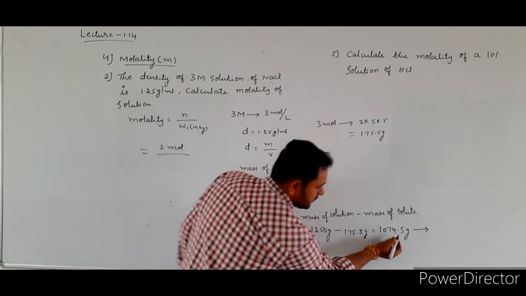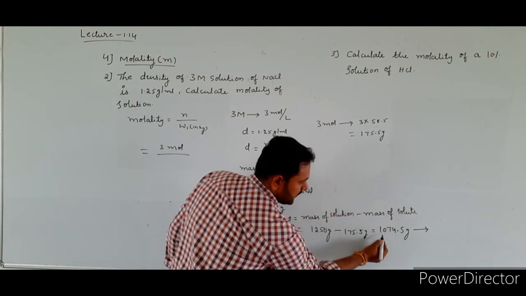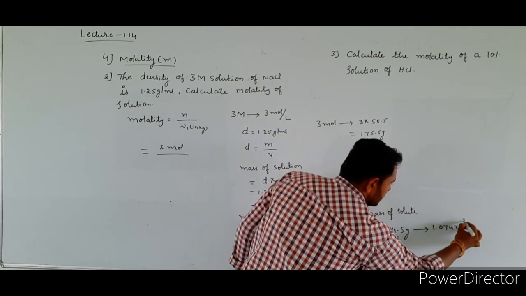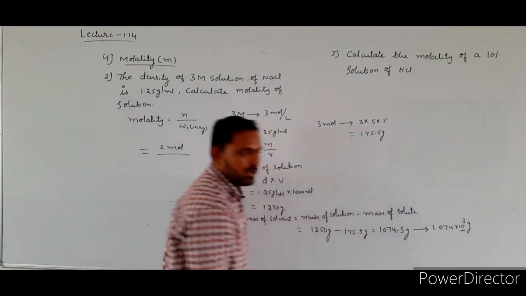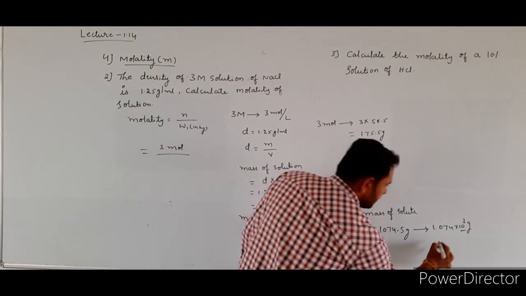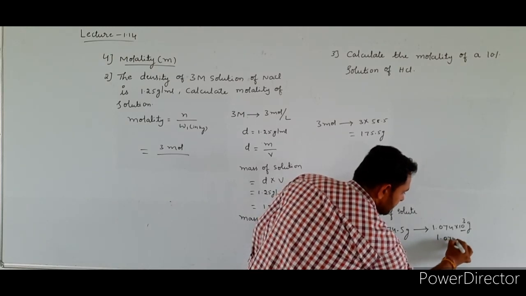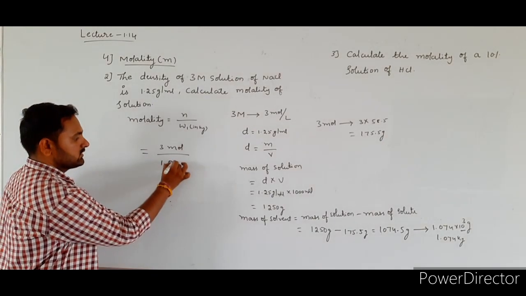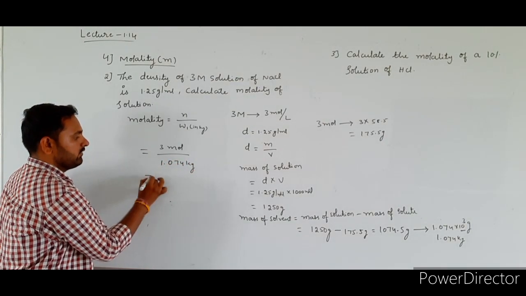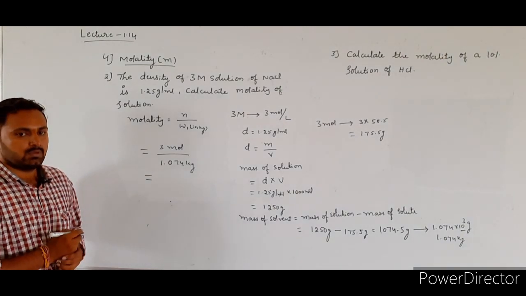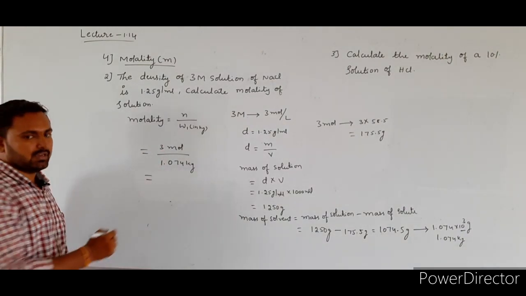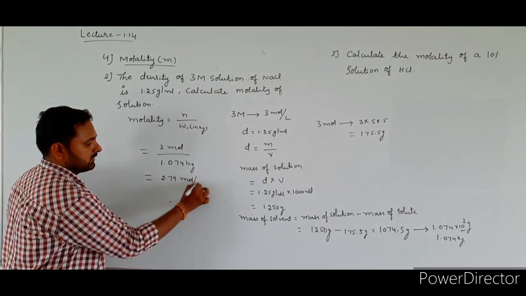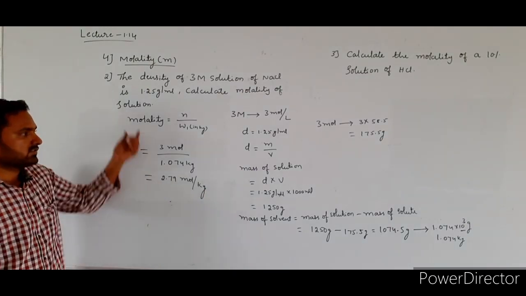Just move the decimal point from here to here: 1.074 into 10 power 3 grams. What is the prefix of 10 power 3? Kilo, so 1.074 kg. Now you divide these two, and you will get 2.79 mole per kg. This is the molality of solution.